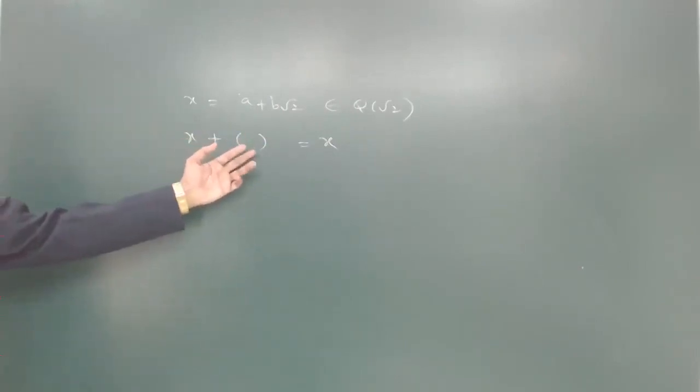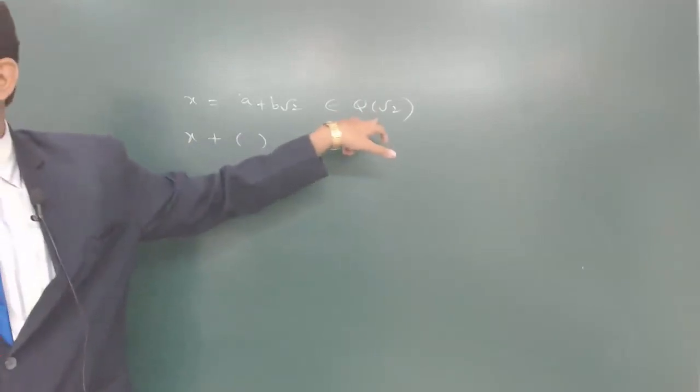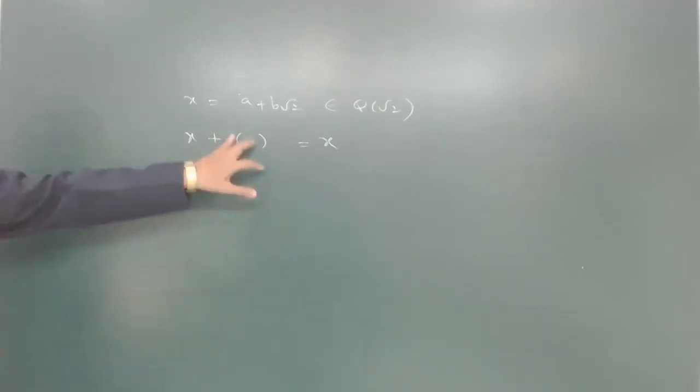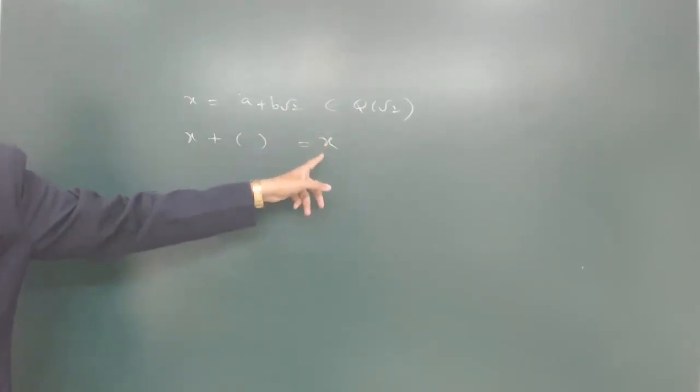This value we call the identity. And this element must be of the same form, like Q of root 2. Can you guess? What could be the element I should take here, which also will be in the same form and you should get x?